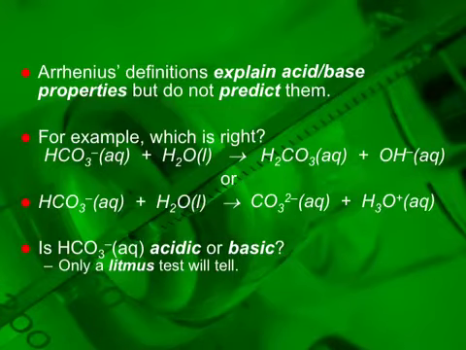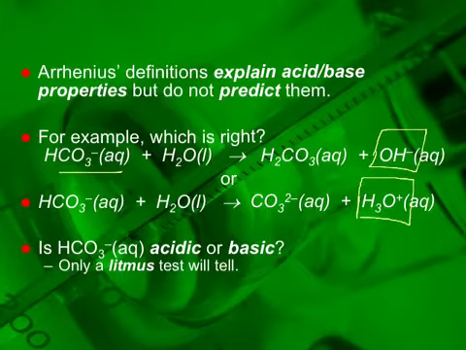For example, when you have a solution of bicarbonate ion reacting with water, are you more likely to produce a solution of hydroxide ions, or are you more likely to produce a solution of hydronium ions? In order to find out, we have to go into the lab and test it empirically. We can easily do this using a litmus test, and we find that hydrogen carbonate is actually a basic compound.